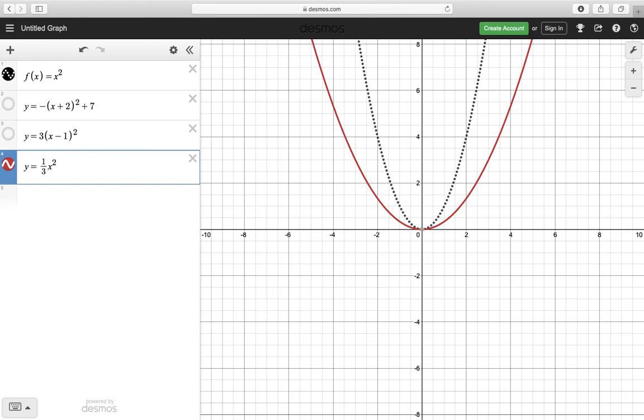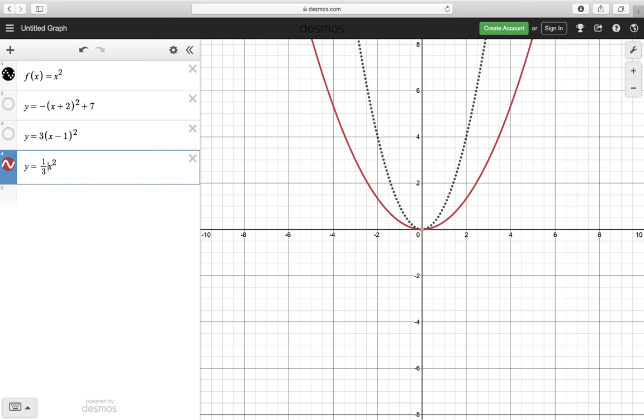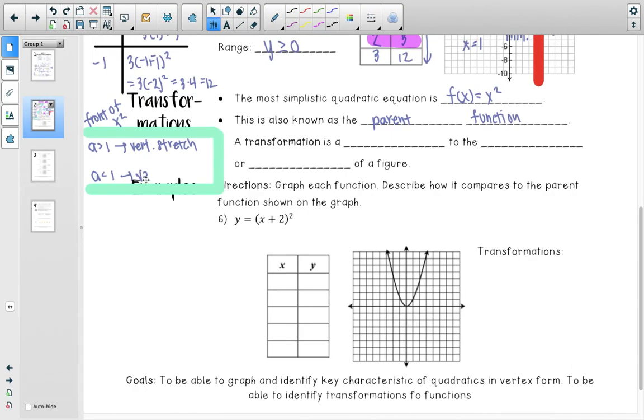And the key word there, if it's a fraction that's less than 1, it can be a decimal too, so let's be careful there. So like I can also do like 0.25, but that's still less than 1. If it's a fraction or a decimal less than 1, it's going to vertically shrink it.